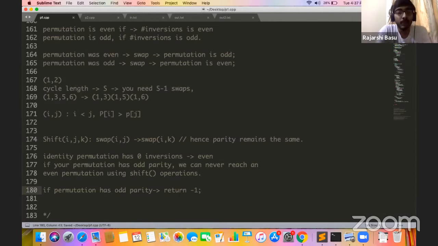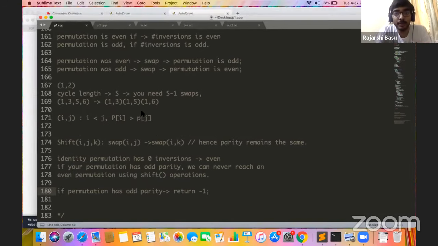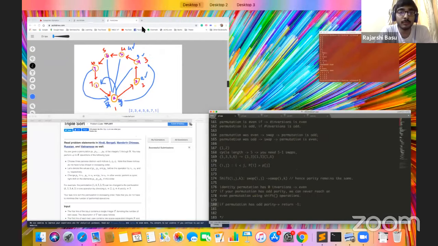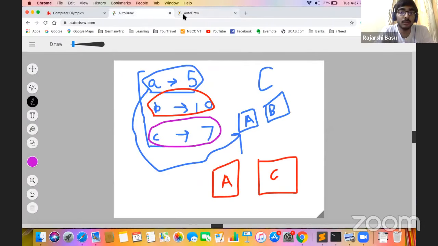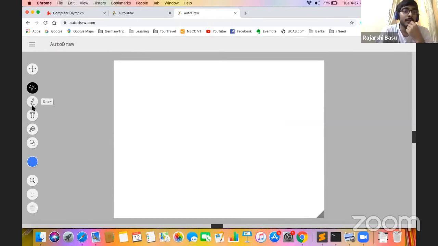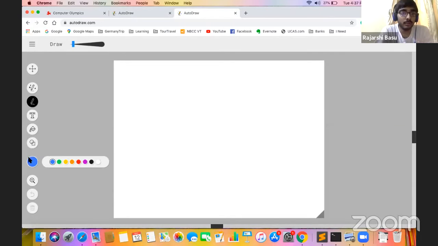Okay, so let's get back to the permutation cycles. So there can be two types of cycles, right?